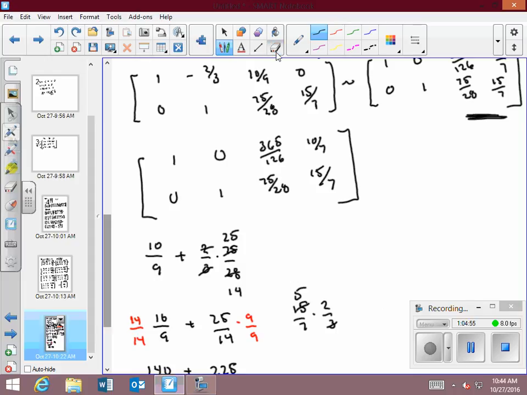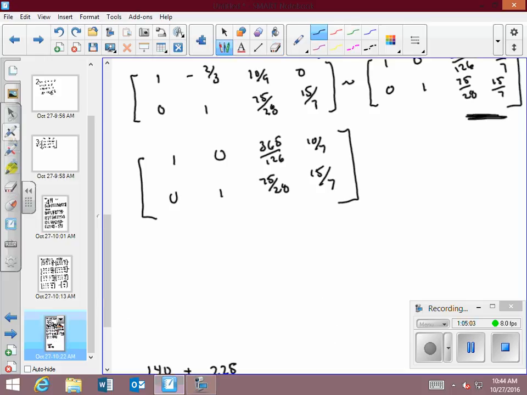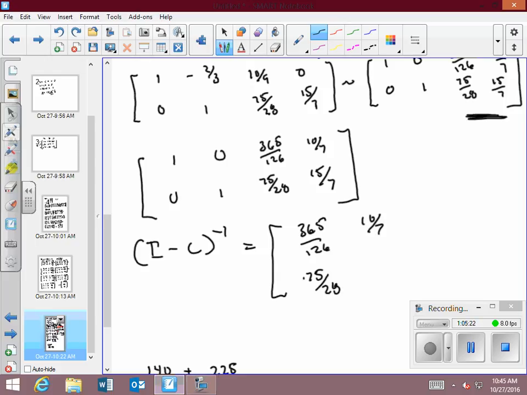So, I minus C inverse is equal to 365 over 126, 10/7, 75 over 28, and 15/7.